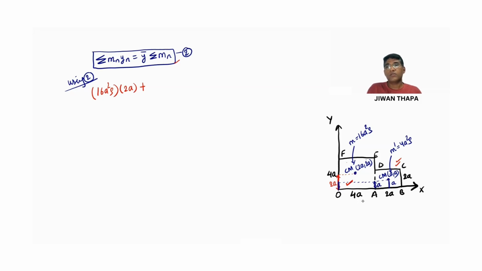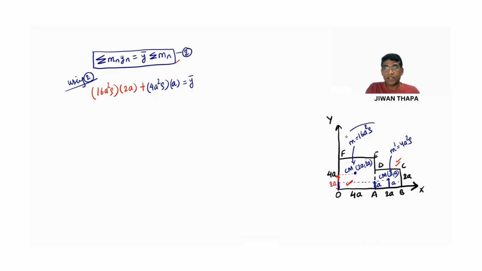Clear? So we need to note this. And the mass of this part of the lamina is 4a square rho times yn, which is a. Clear? So we have this equals y bar times the total mass.